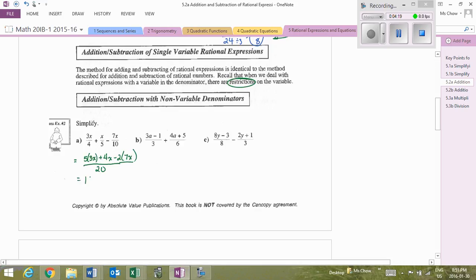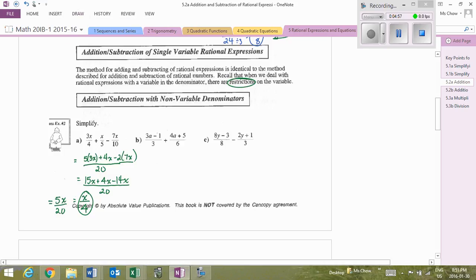So with that, we end up with 15x plus 4x minus 14x over 20, and so that is 19x minus 14x, which is 5x over 20. It didn't leave us very much room here. So 5x over 20, and 5 over 20 of course reduces to 1 over 4, and so then that is just x over 4. And there's no restrictions because there's never a variable in the denominator.